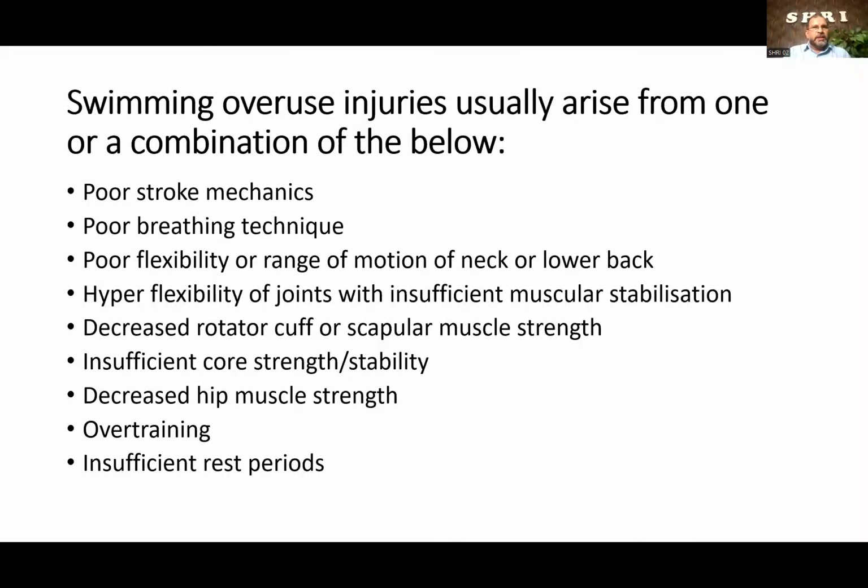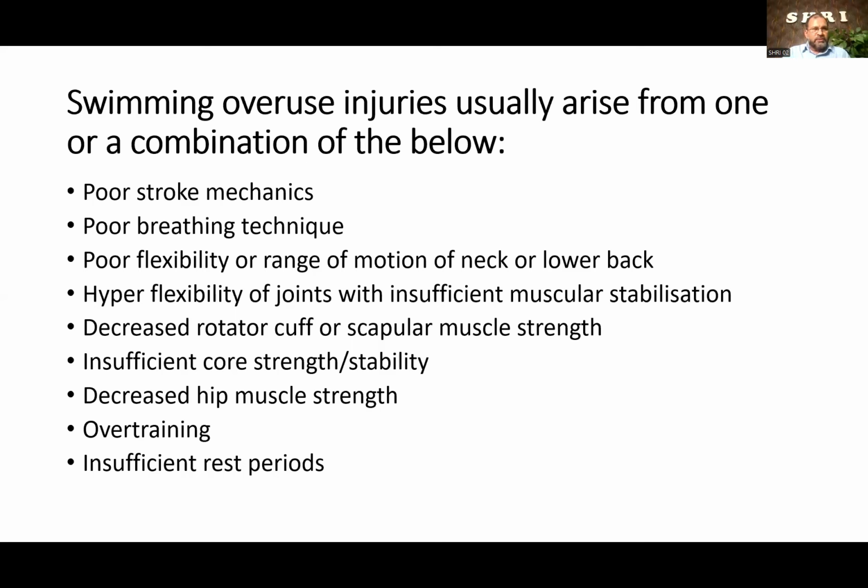So these are the common or usually listed causes for overuse injuries in swimming. So the first one is poor stroke mechanics and poor breathing techniques. So there is a breathing technique in swimming. So you have to alternately turn your head and breathe.